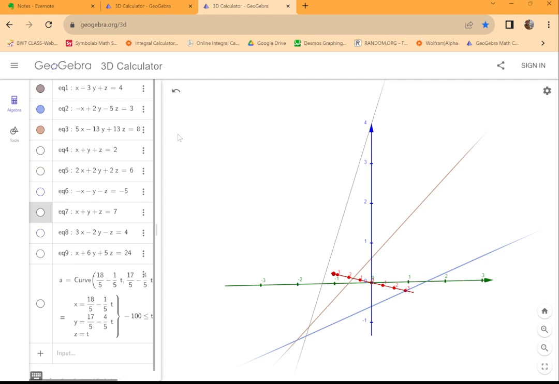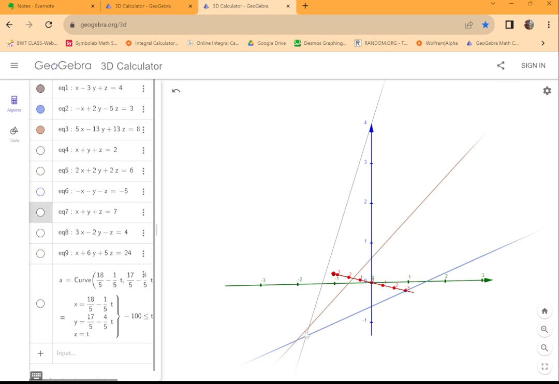A system like this is an inconsistent system. The reason it's inconsistent is that even though we do have some intersection of the planes, it's never all three at the same time. If I take them pairwise, whatever pair I decide to choose, they intersect, but not as a whole system.